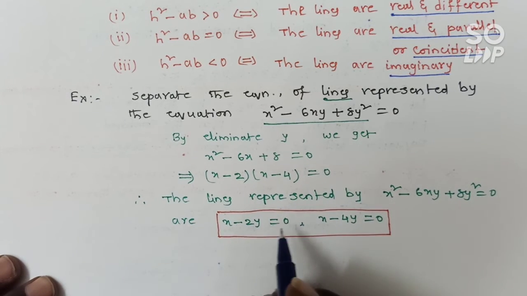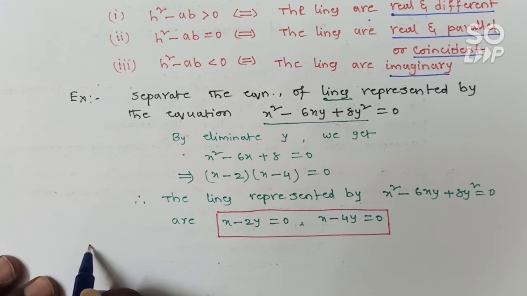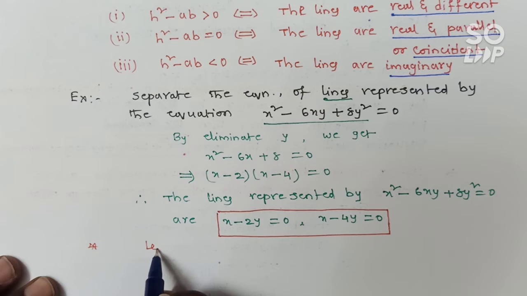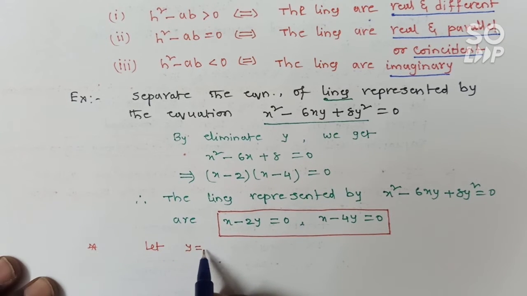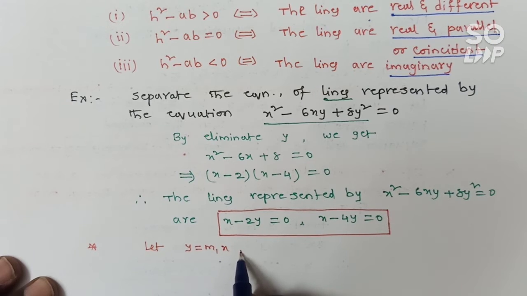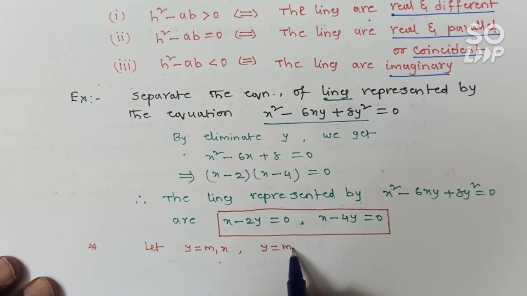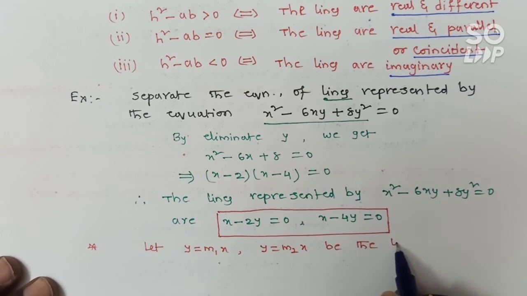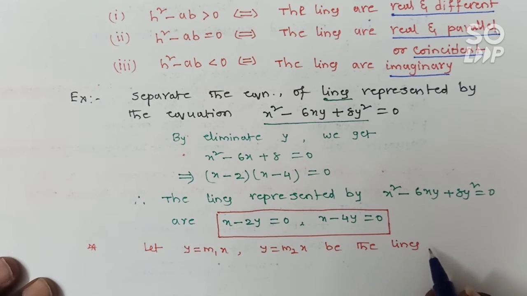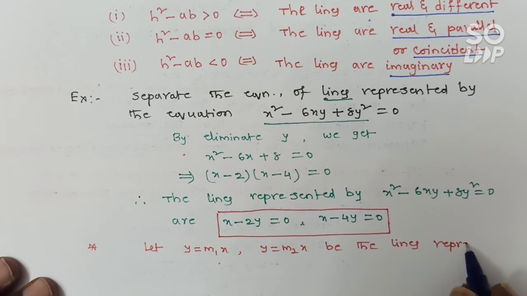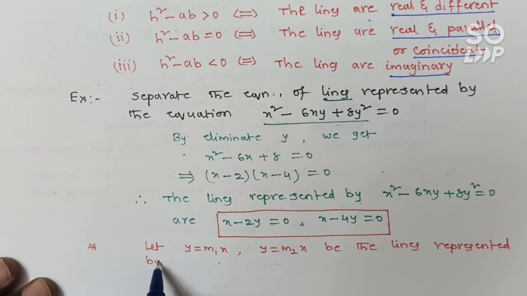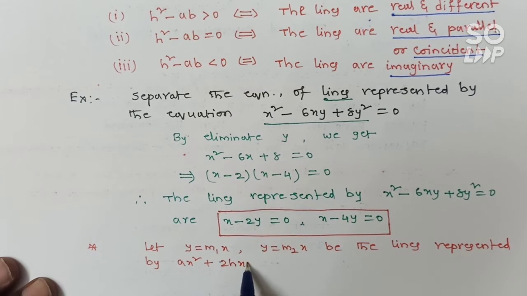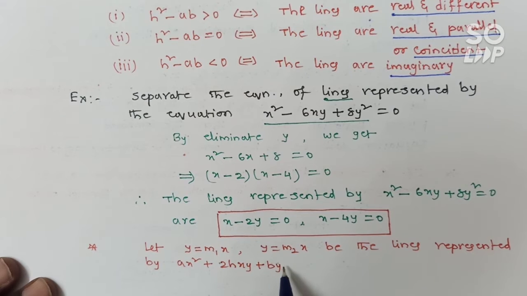Let y is equal to m1x, comma, y is equal to m2x be the lines represented by a into x square plus 2h into xy plus b into y square is equal to 0.